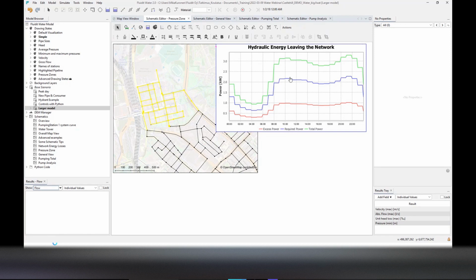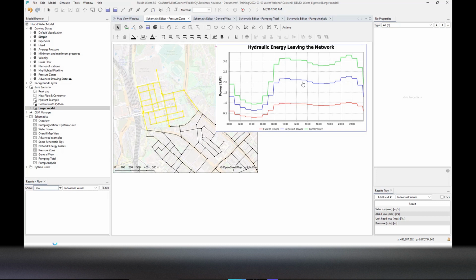Next, I have here required power at the blue line. So what this means, I've set up a limit of 25 meters in this case, so 2.5 bars. I've considered that that's the pressure that the users require, they need. And all above that is excess energy.